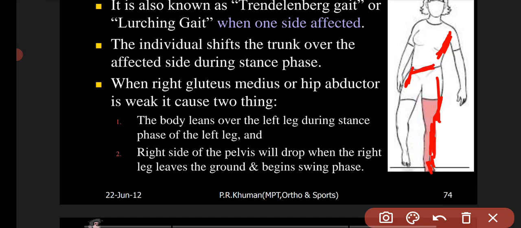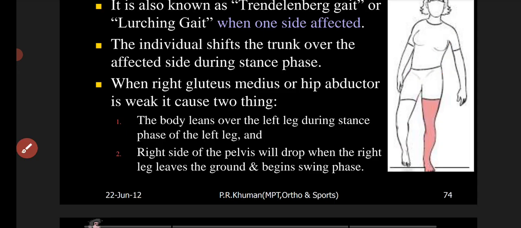Okay, if this is one-sided, and the affected side is this one, during the stance phase the same will occur vice versa. So there is lateral sawing movement on both sides, just like a duck.